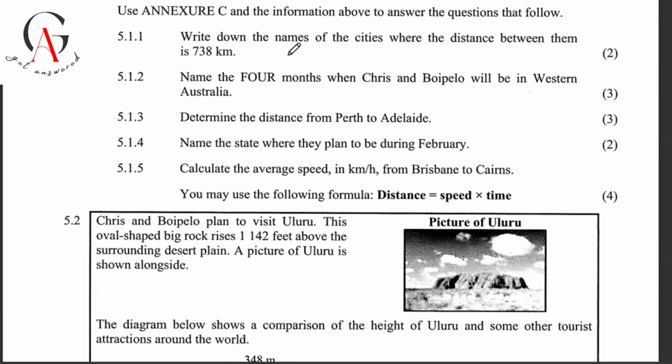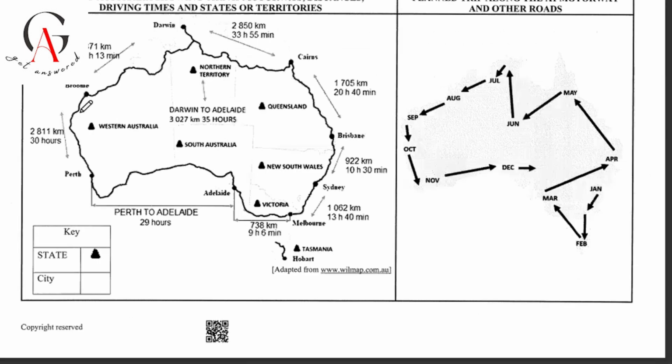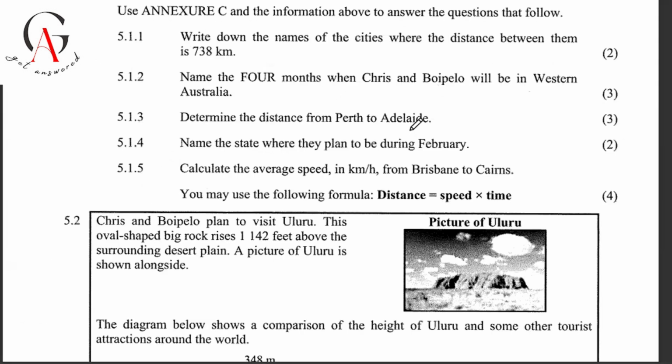So we come to 5.1.1. We are looking at annexure C. There we go. The planned route, they will start from somewhere here, Feb, March, come back, May, move around. They're asking us to write down the names of the cities where the distance between them is 738 kilometers.